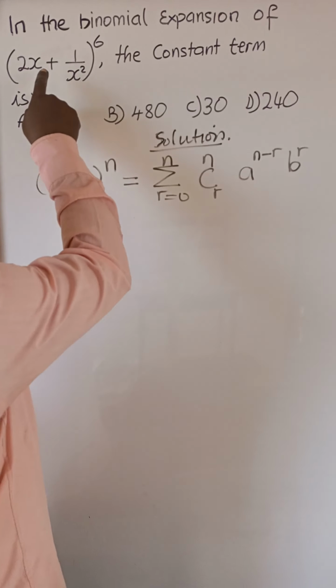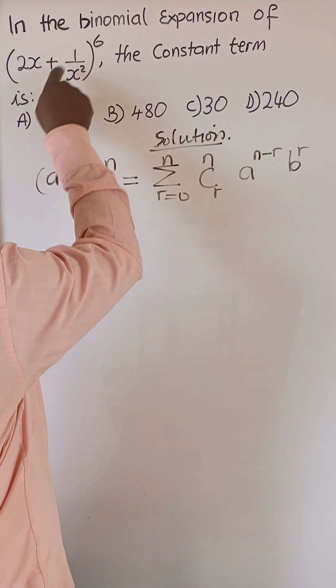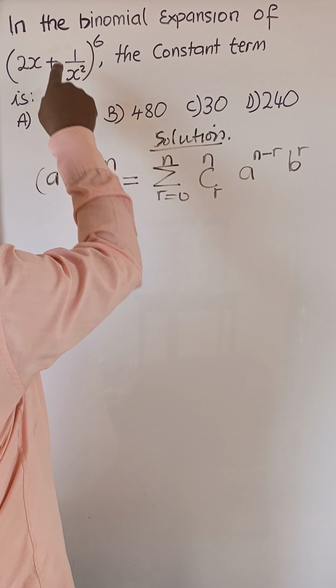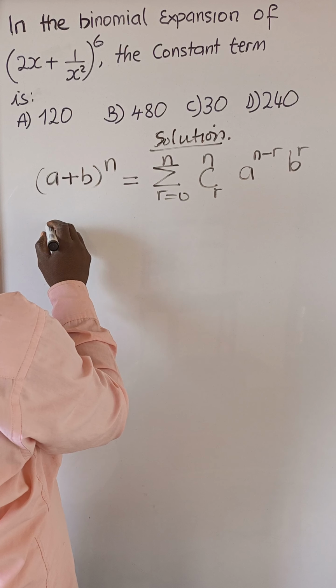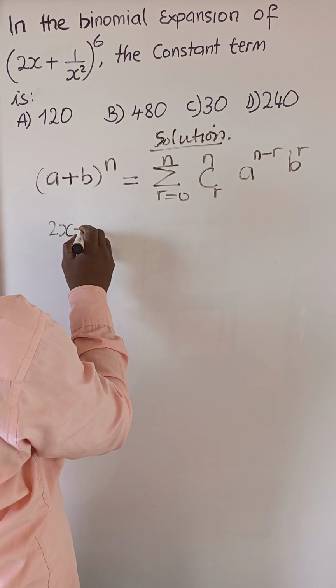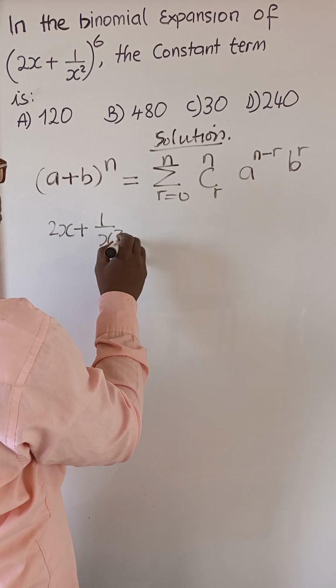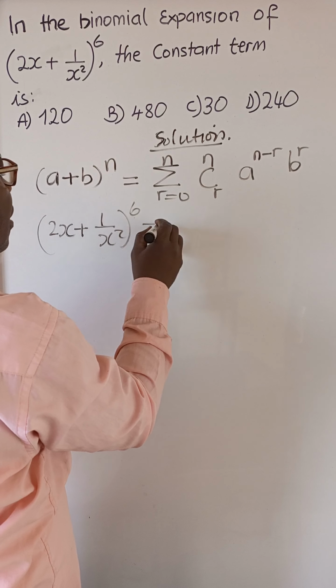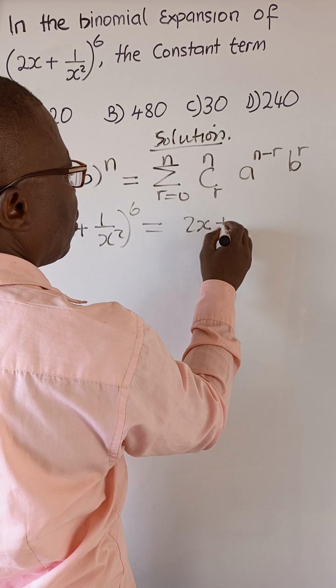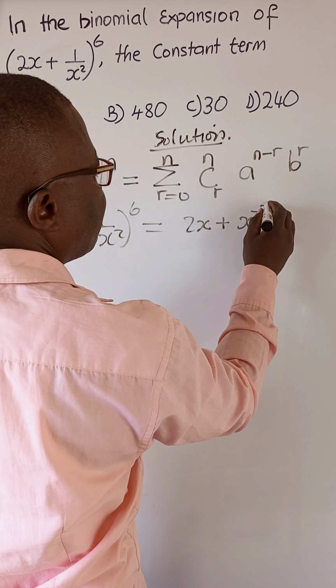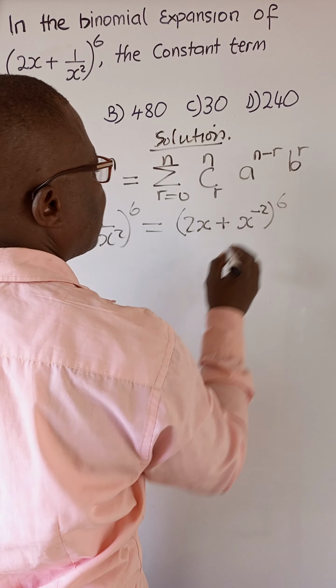So what we need to do is to first of all arrange this to this nature. Here we don't have fractions, and so (2x + 1)/x² to the power 6 can be rewritten as (2x + x to the negative 2) to the power 6.